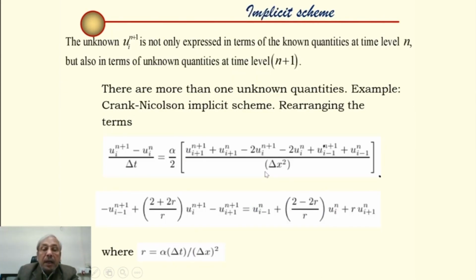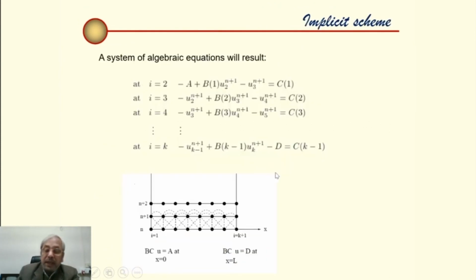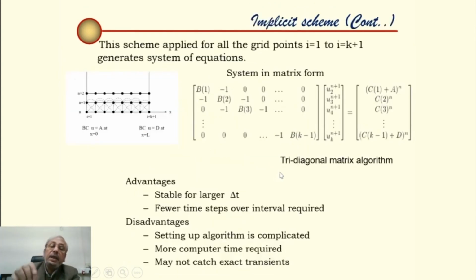But in the Crank-Nicolson scheme, we can see that individually we cannot find out the values at the next level. Instead, for any individual point, we express it in terms of its neighbors. And this way, we write a system of equations.